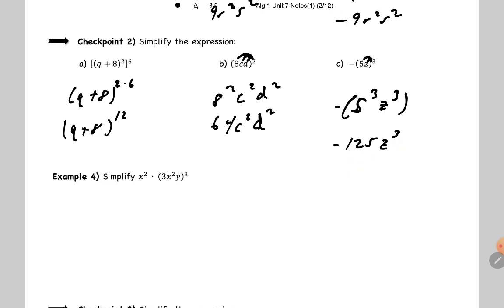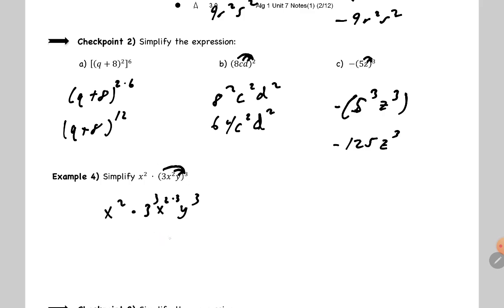Alright, example 4. Simplify all this mess. So there's a few things we have to do first. We're going to distribute this 3 over. So we have x squared times 3 cubed x to the 2 times 3 y cubed. Okay?